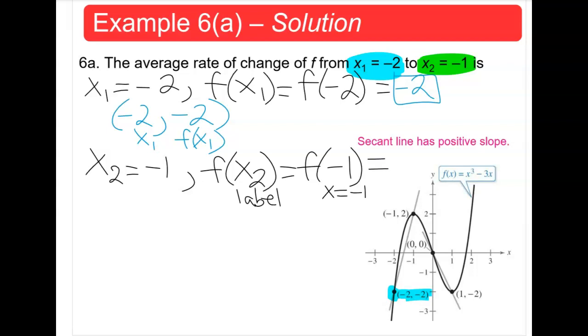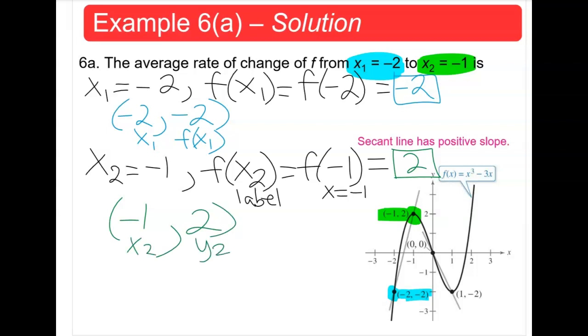If we look at the graph and find the x value of -1, it's this point here, and we can see that the output, or the y value in this case, is +2. So we have the point -1, comma 2. This is x sub 2, and this is y sub 2.